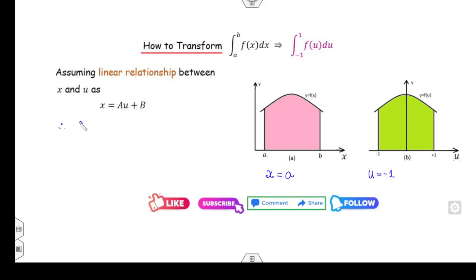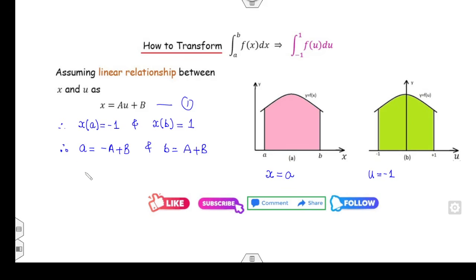That means the x value at the point a corresponds to u equal to -1, and the x value at the point b corresponds to u equal to +1. I can substitute both the values in equation number 1. So x is a, u is equal to minus 1, and in the other case x is b, u is plus 1.